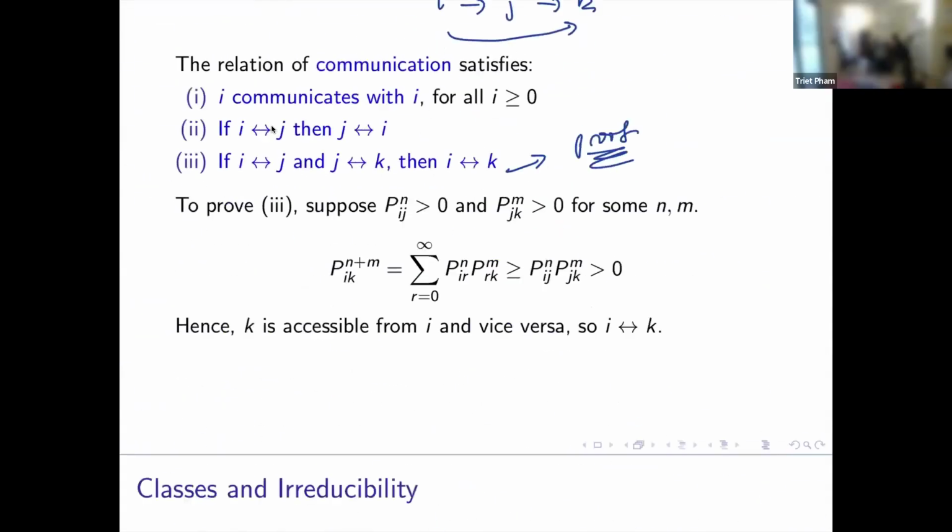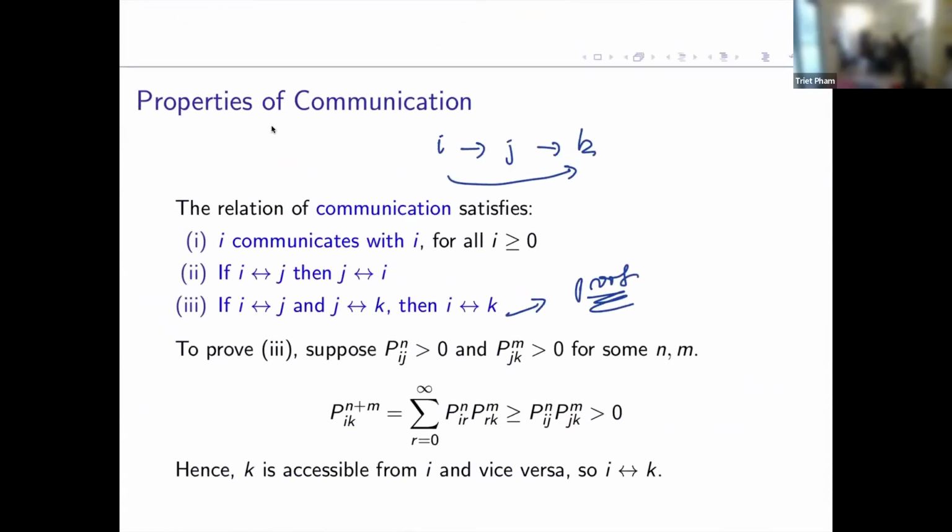So the proof here is exactly that. If i goes to j for some n, and j goes to k for some m, there's a path of length n and length m. Then the path from i to k of length n plus m, the idea is you go from i to j and you go from j to k.